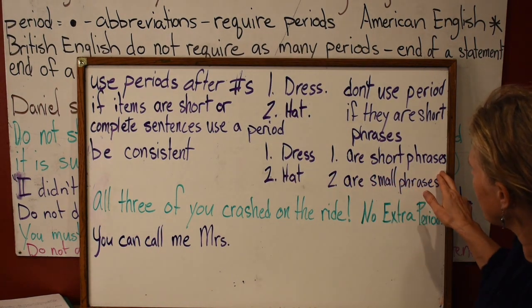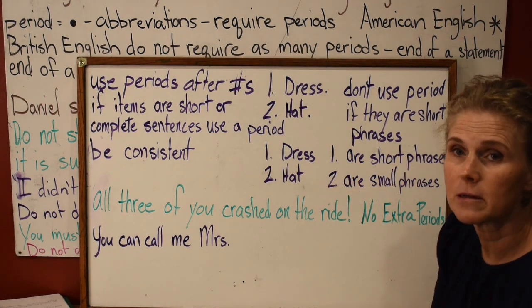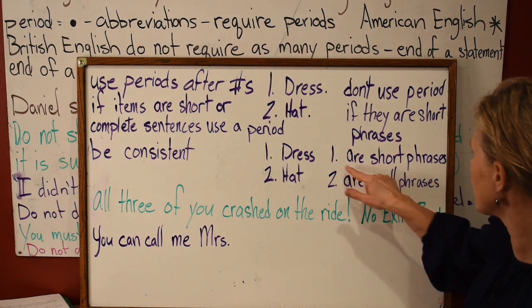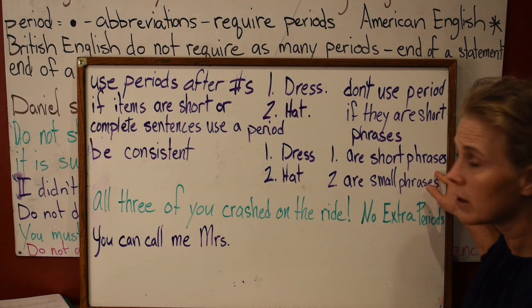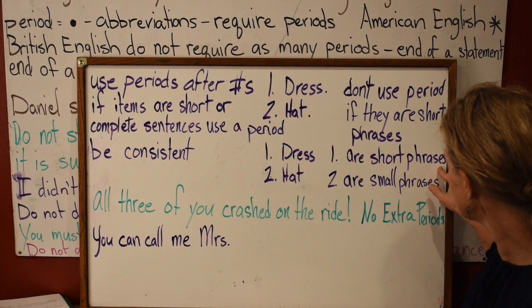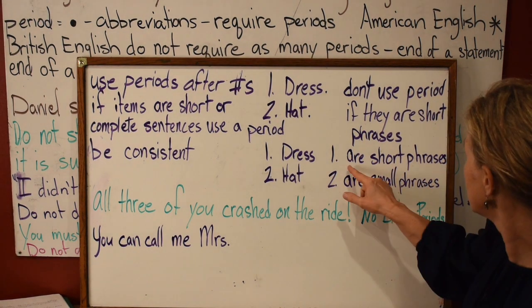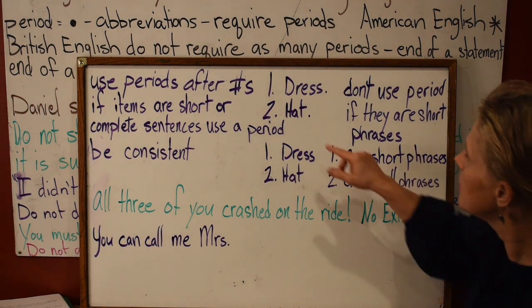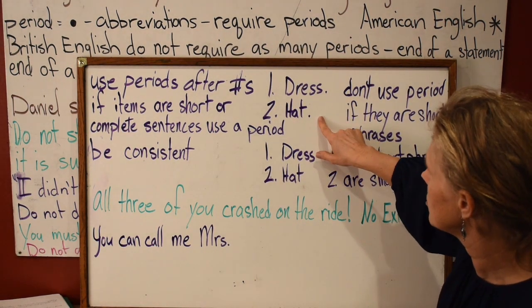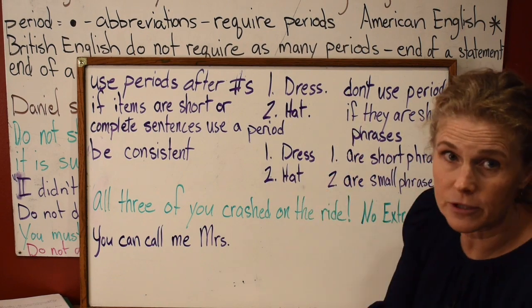See how this is a short phrase? What kind of a phrase is this? You're right, Dan. This is a verb phrase. So see how short these are? Okay, so you're not going to use periods on those. But you would use them if they're really short or if they're sentences.